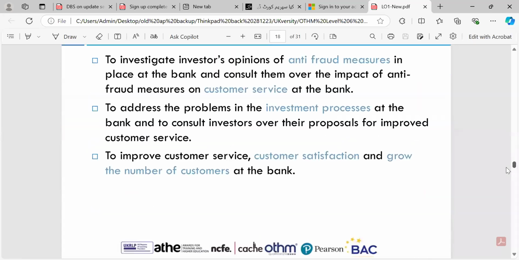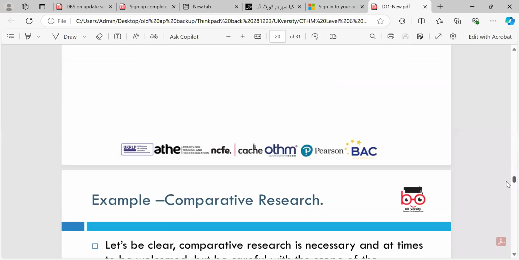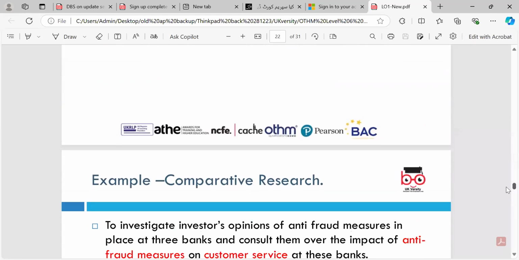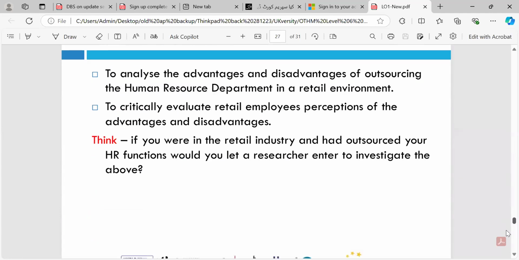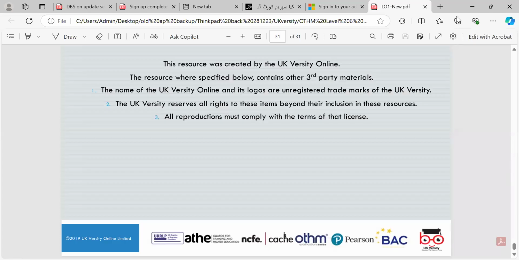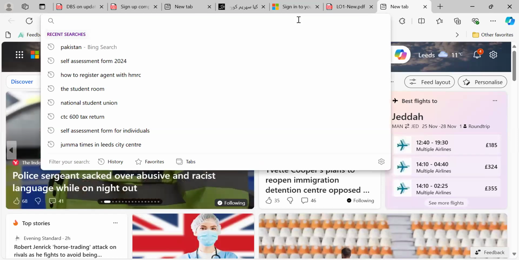When we ask about research, there can be many themes, such as comparative research. First, we can look at the research onion model. Do we know the research onion model? Can we do a bit of research? What is the research onion?